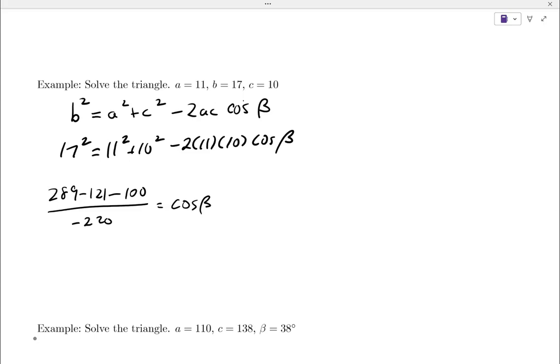We need to subtract the 11 squared and the 10 squared over and then divide by the coefficient on the cosine of beta. What do we get? 68. 68 over 220, negative, if I did my arithmetic right.